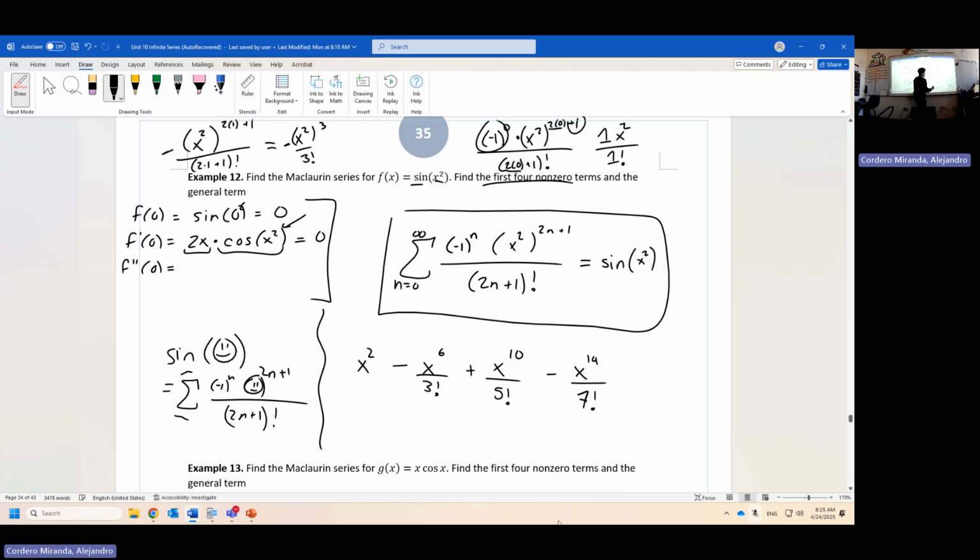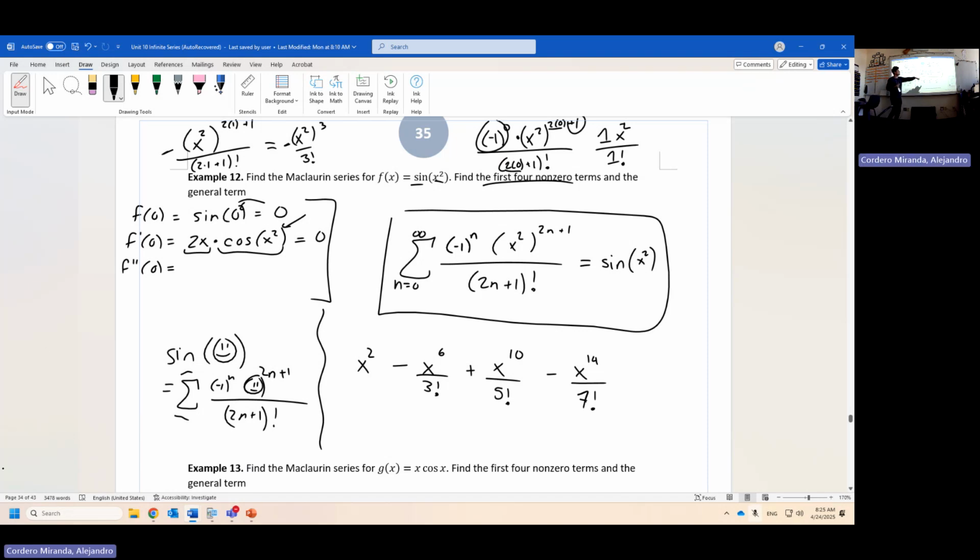Nice. There's the first 4 non-zero terms. And you can see this would have been annoying to do the long way. You would have had to do 4 derivatives in between each of the non-zero terms.